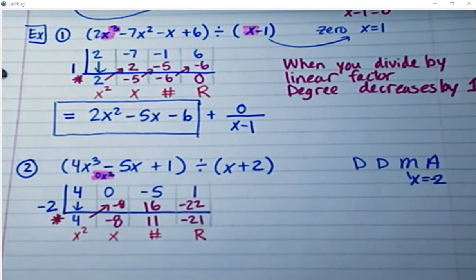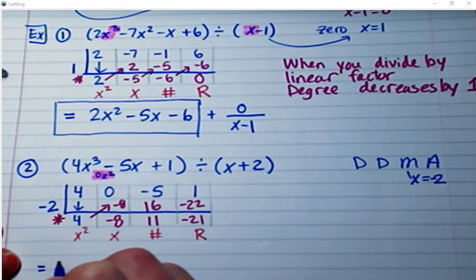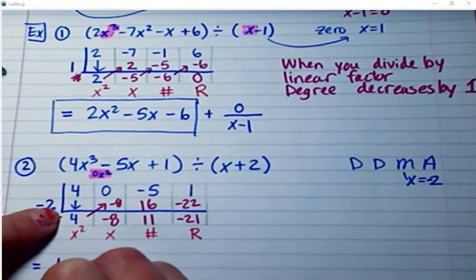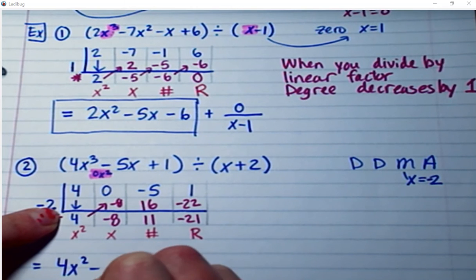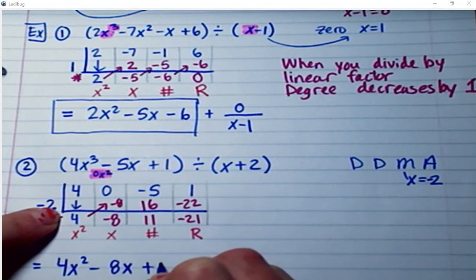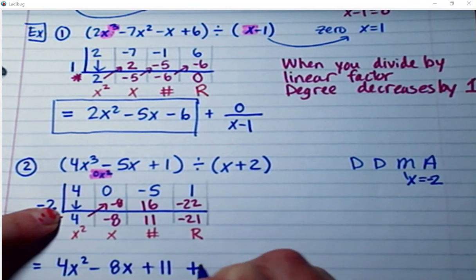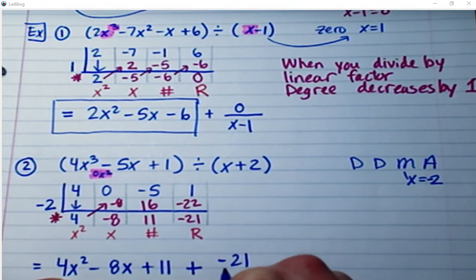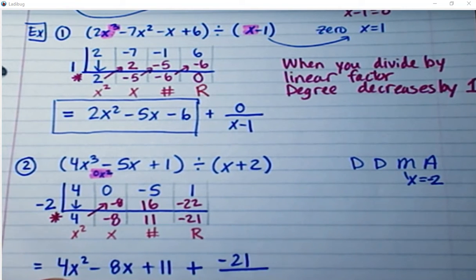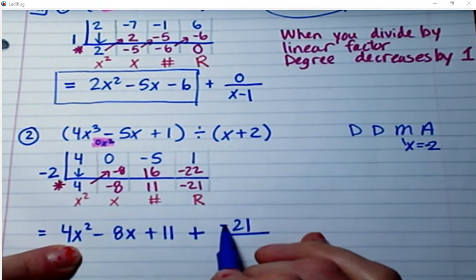Because then you wouldn't have enough columns. Okay, let's just write out our answer. Equals 4x squared minus 8x, 11. I like to write my remainder with a plus and then put whatever the remainder is in the fraction, even if that's a negative.